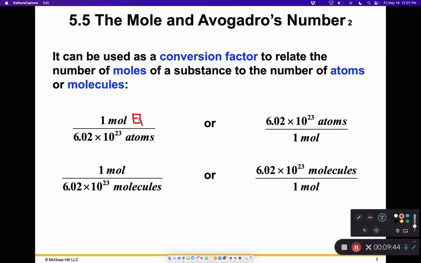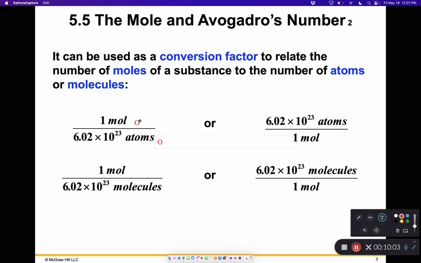So if I'm talking about 1 mole of, let's say, oxygen element, then I'm talking about 6.02 times 10 to the power 23 atoms of oxygen.